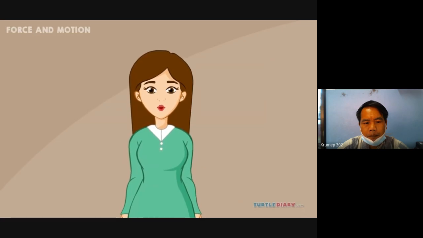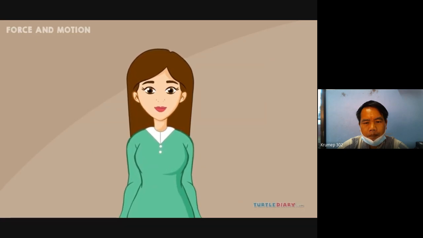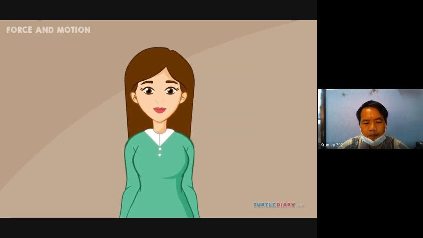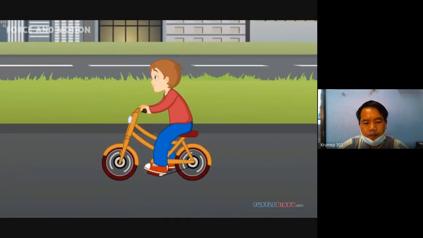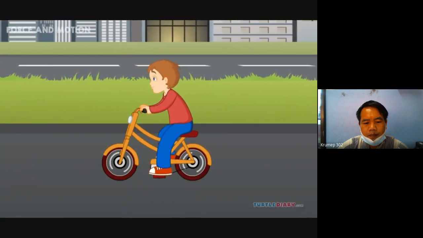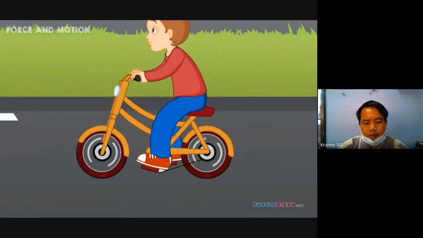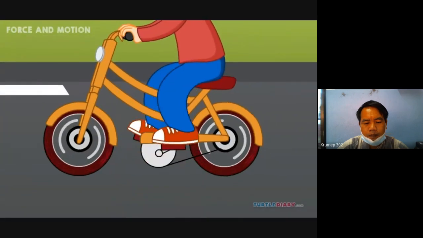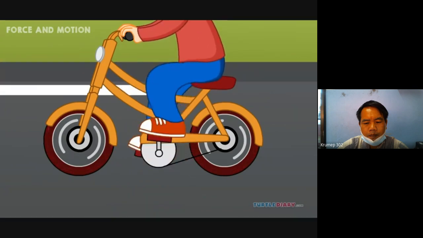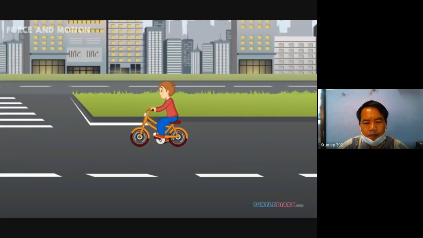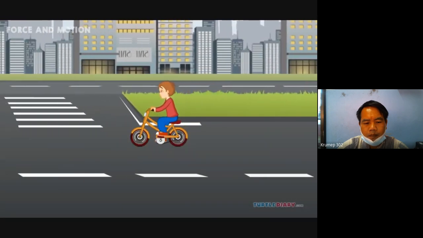Now, let's use another example of motion. Riding a bike. You use force to get a bike to move. How? By pushing and pulling the pedals. Once the bike is moving, what else can you do?